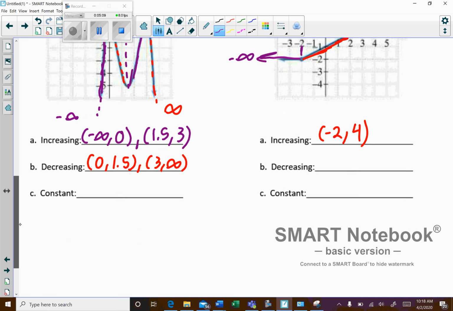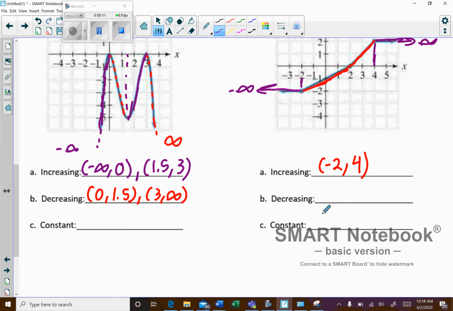So from negative infinity to -2, and once again, I use a parenthesis because it's a neutral point where it starts to increase. Is it increasing? Is it constant? So we just use a parenthesis to indicate that it's approaching but not included. And then our other interval is going to be from 4 to infinity.